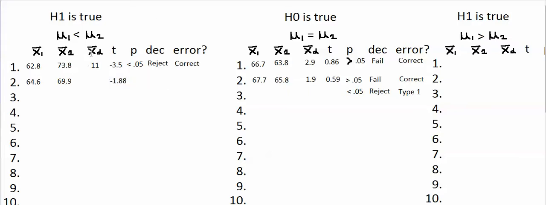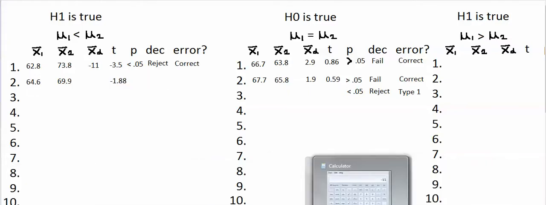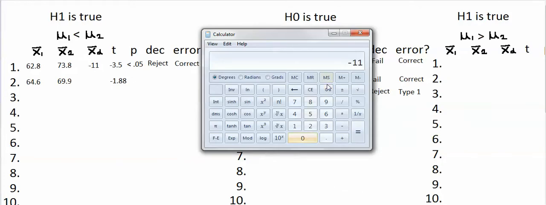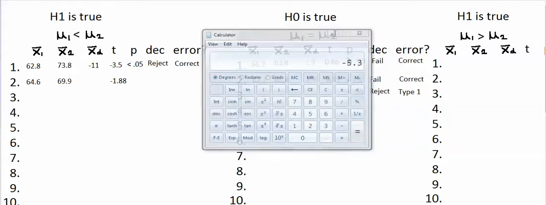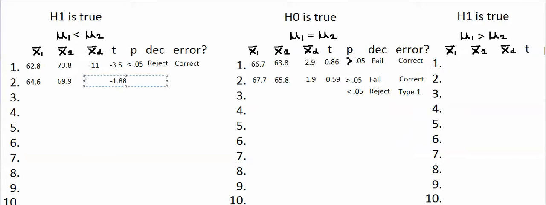The sample mean difference would be this minus this, which would be, I think, negative 5.3, which isn't as big of a difference.